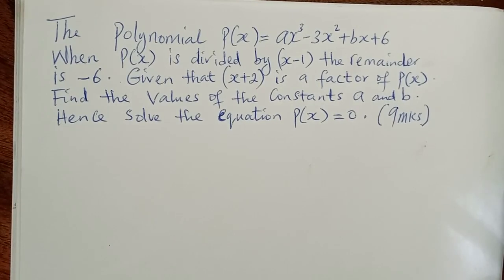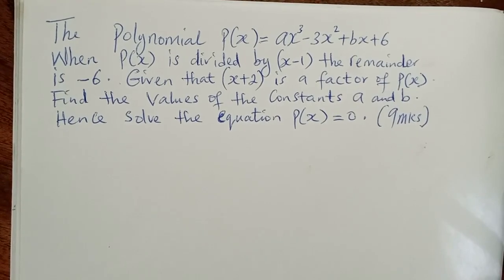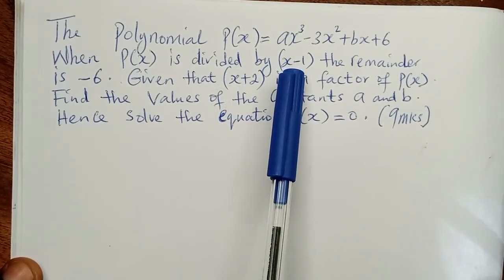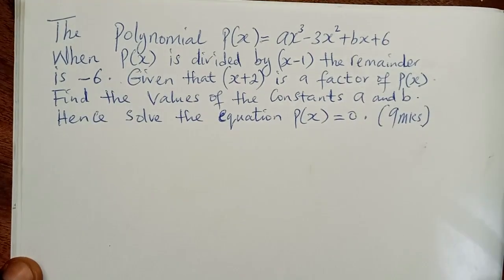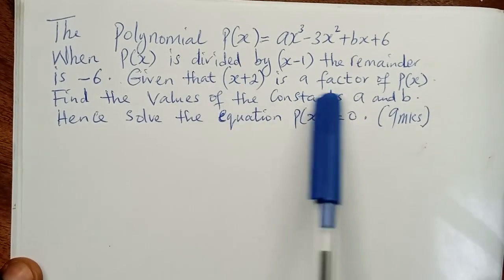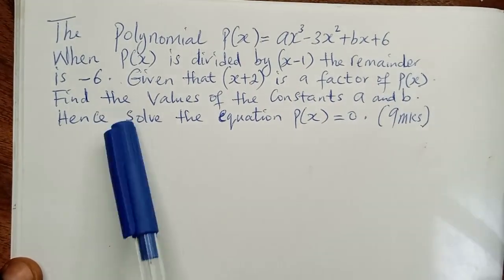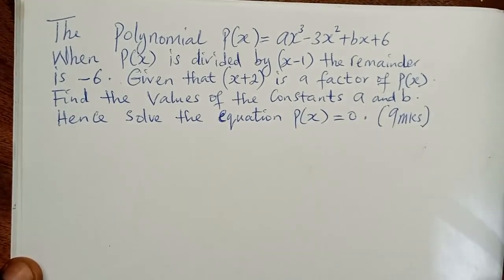And unlocking the key term of what they want us to look at, of course, you easily solve questions like this. So when p of x is divided by x minus 1, the remainder is minus 6. Given that x plus 2 is a factor of p of x, find the values of constants a and b, and also solve for p of x equal to 0.